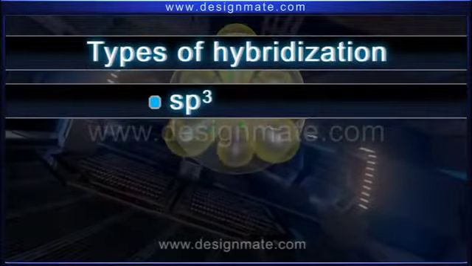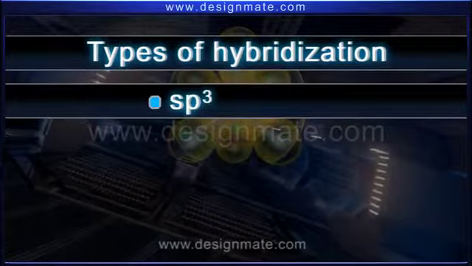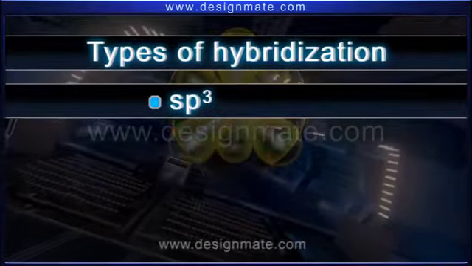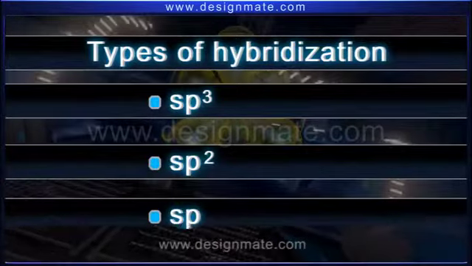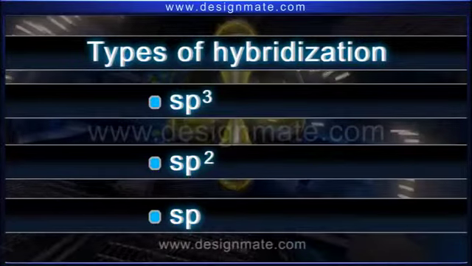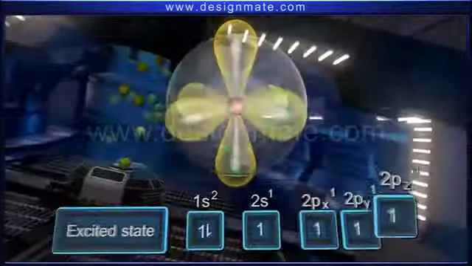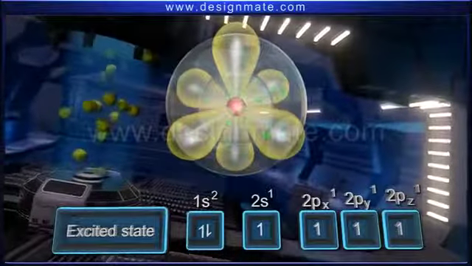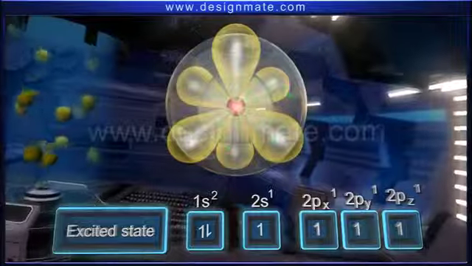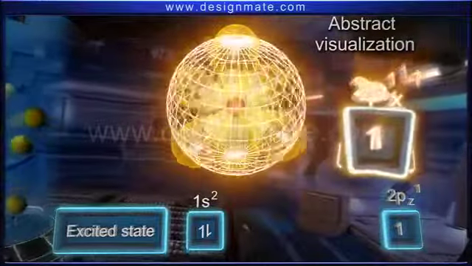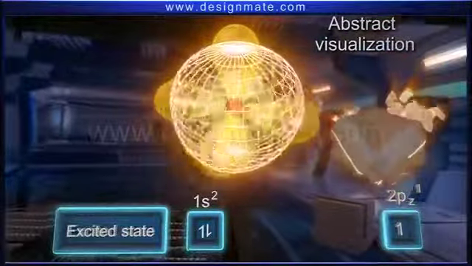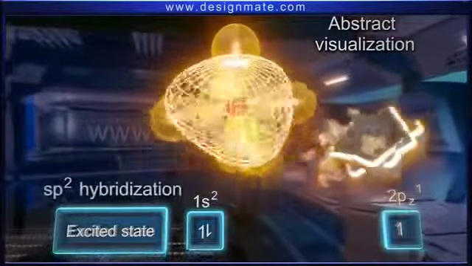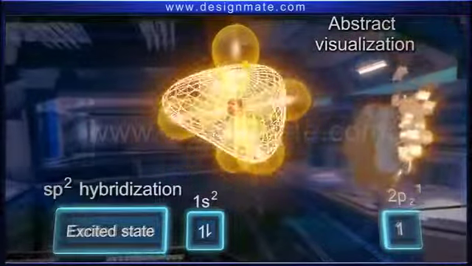Besides sp3 hybridization, the excited carbon atom may also undergo sp2 or sp hybridization. During the formation of a double bond, one 2s and two of the 2p orbitals hybridize. Consequently, this hybridization is termed sp2 hybridization.